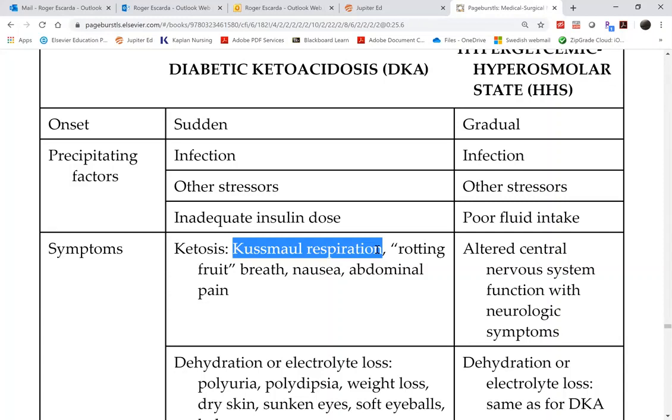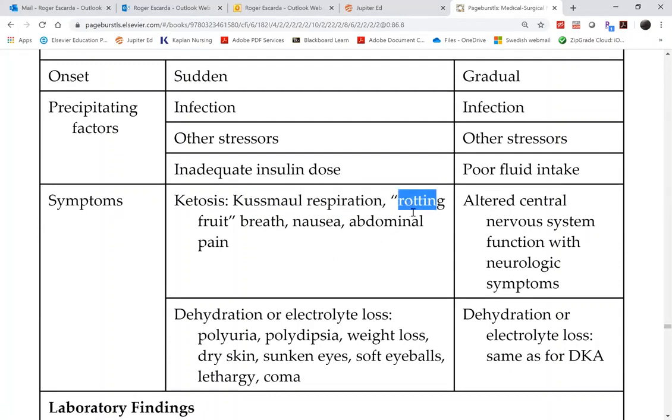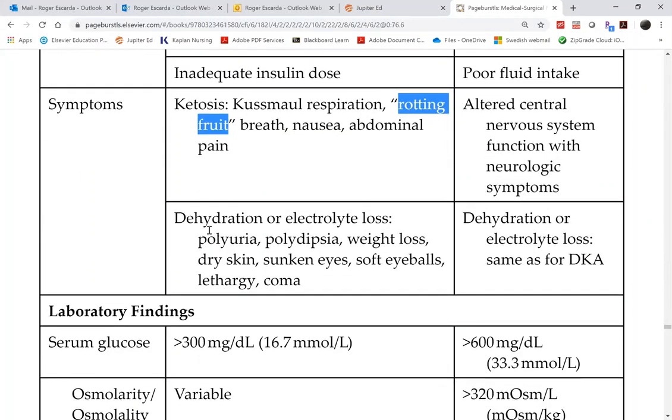So the increased respirations here lead to respiratory alkalosis, thereby neutralizing the metabolic acidosis that's occurring in DKA. And they also have that rotting fruit smell, or we also call that alcohol or acetone breath. We have nausea also and abdominal pain.